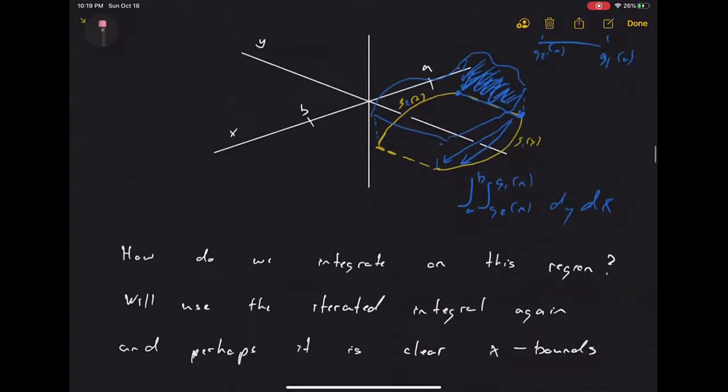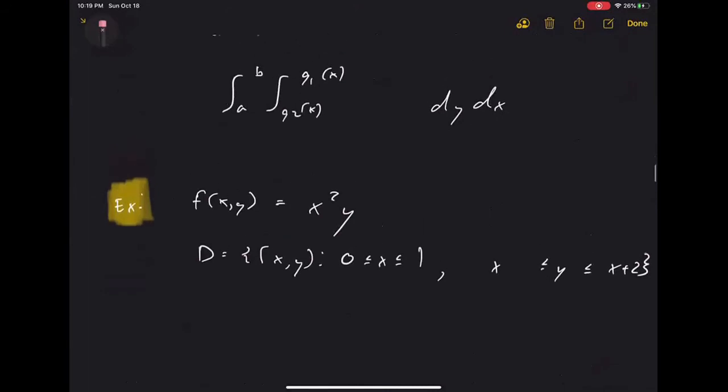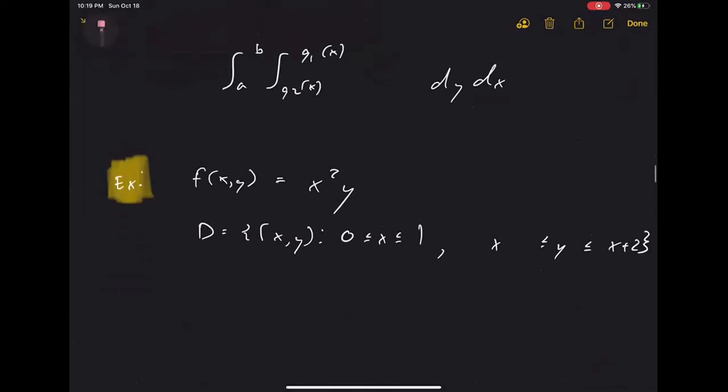So let's see an example so you can start to get a feel for this. Let's try to integrate the function x squared y on this domain. This is one of the possible ways we might be given a domain, in set notation.